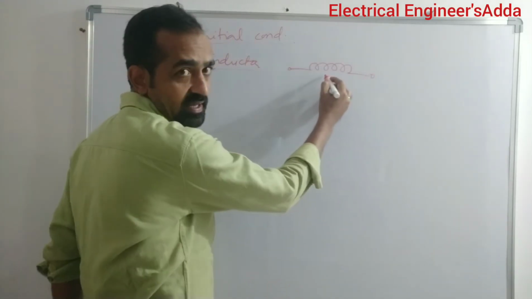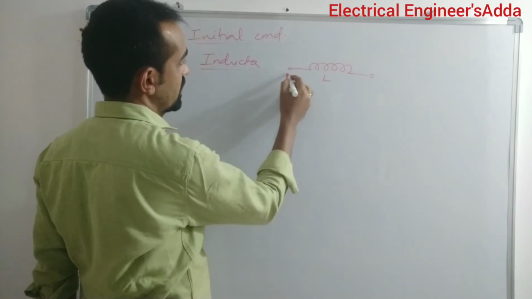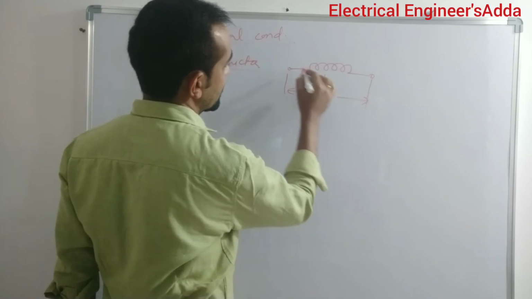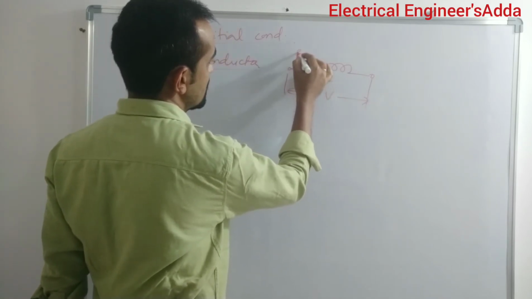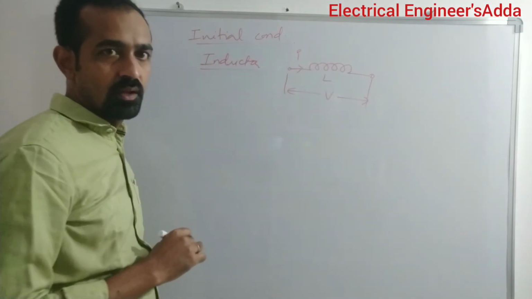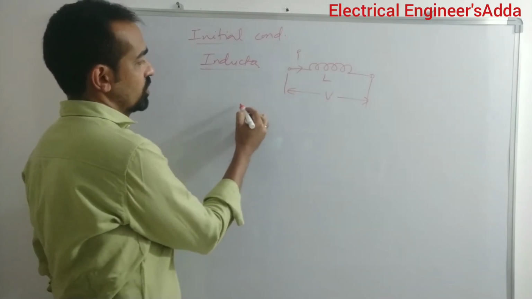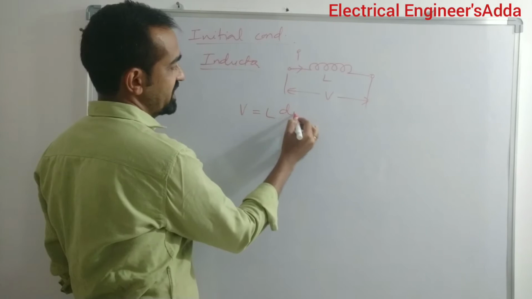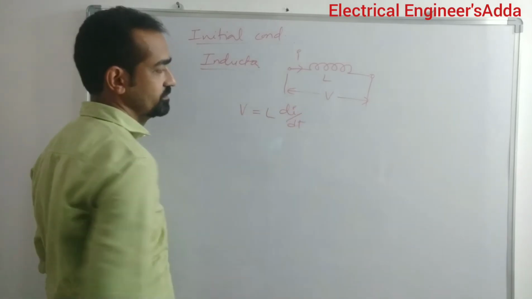Okay, this is represented by L. Okay, here the voltage across this inductor is V and the current flowing through this is I. Okay, here the voltage across this inductor is given by V is equal to L into di by dt.